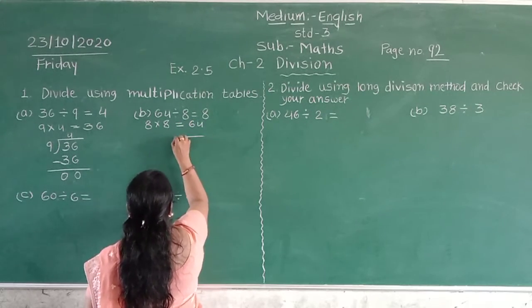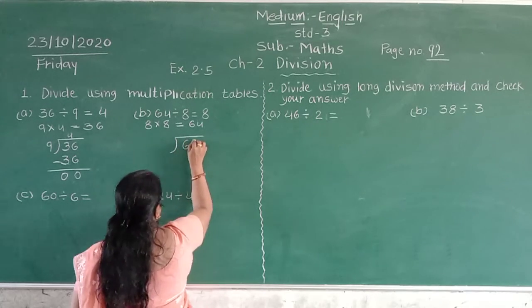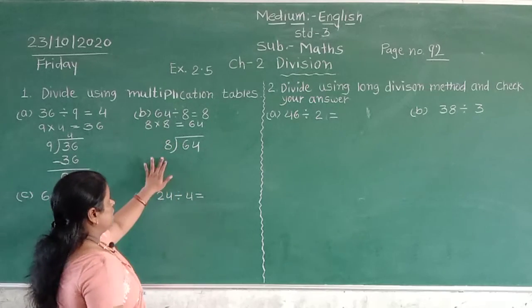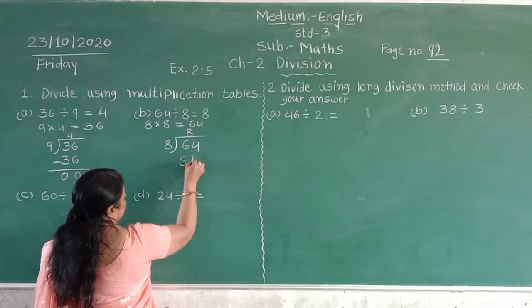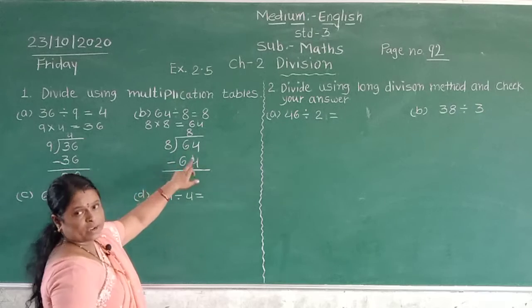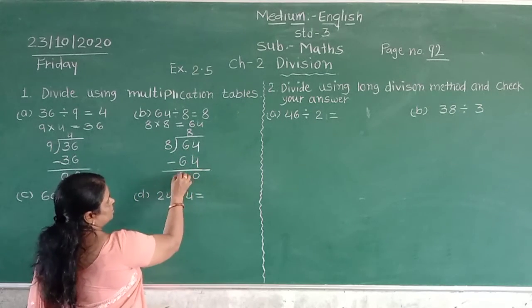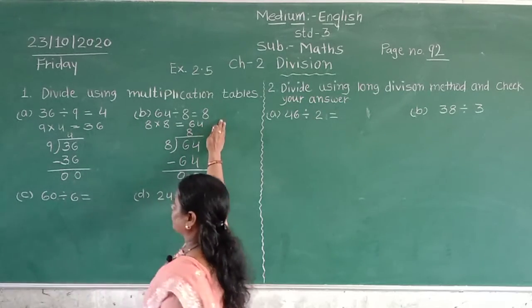Now we will do the division method. 64 divided by 8. 8 8s are 64. We will do minus. 4 minus 4, 0. 6 minus 6, 0. So we get the answer 8.